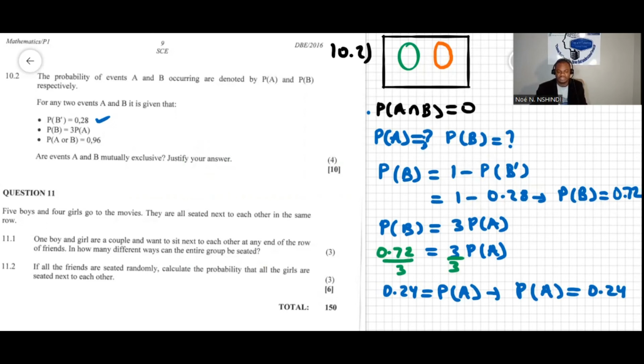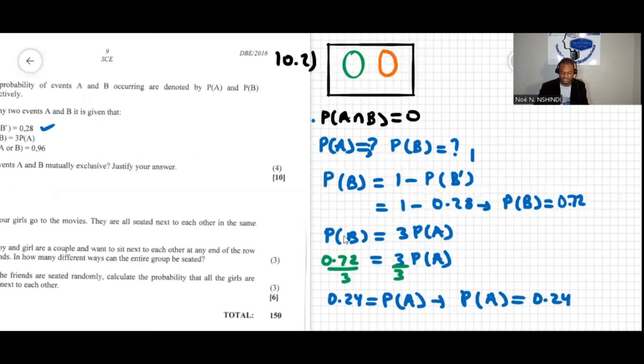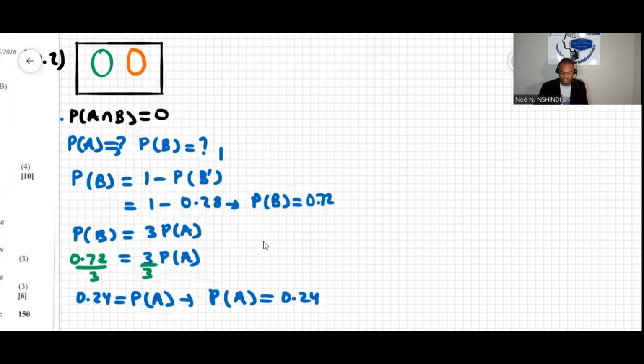Now that we know the probability of A and the probability of B, we can apply another property, the probability of A or B. Let's move the board so we can have enough space to write.